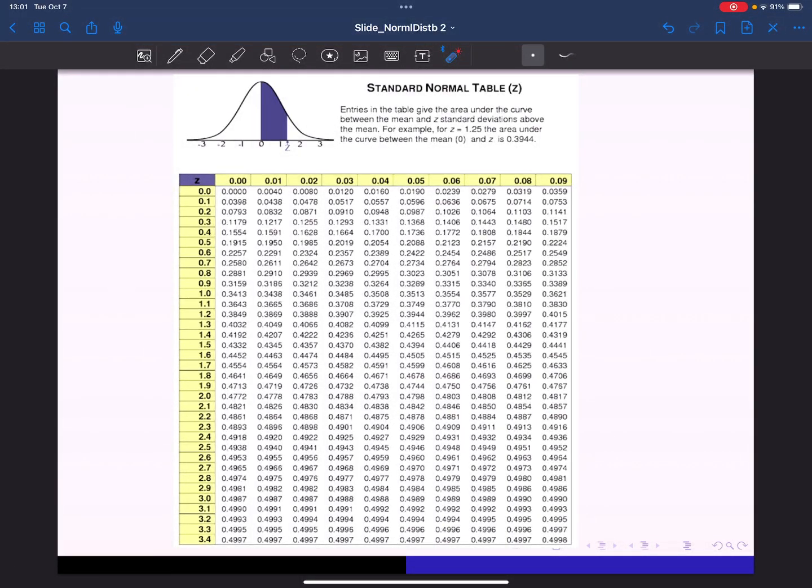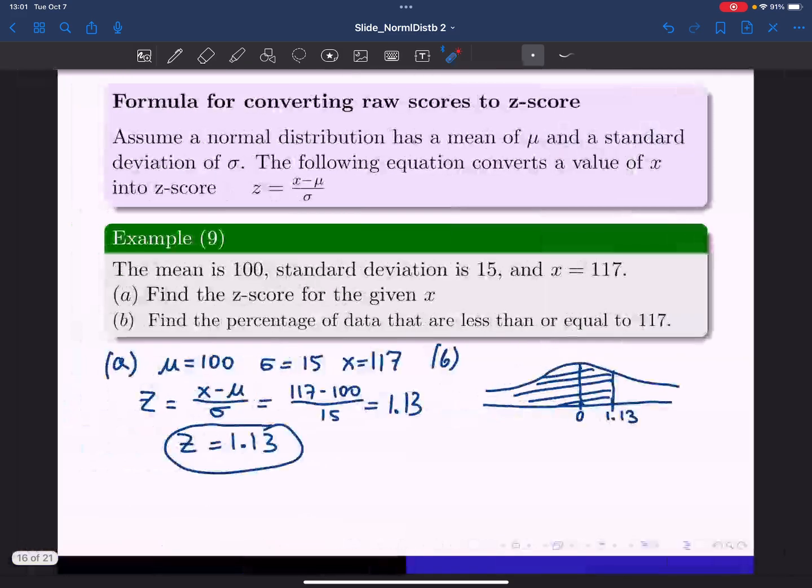Now our z-score was 1.13. So 1.1 and 3. The area is 0.3708 right here. So this area is 0.3708, we got it from the table.